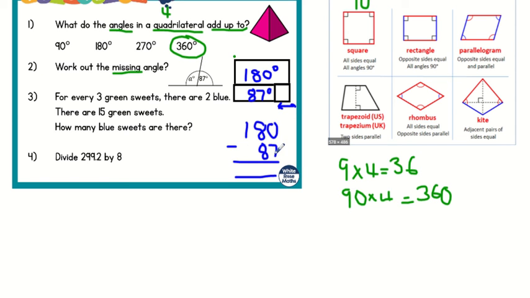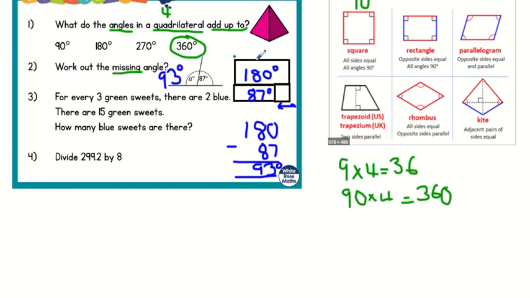Lots of you will be able to do that mentally. 100 take away 80 is 80. Take away 7 is, that's right, 93 degrees. Some of you may have used a formal column method. Others of you will have done that mentally. So our missing angle is 93 degrees.